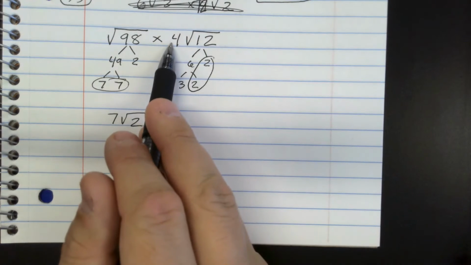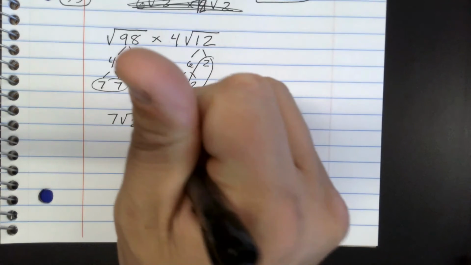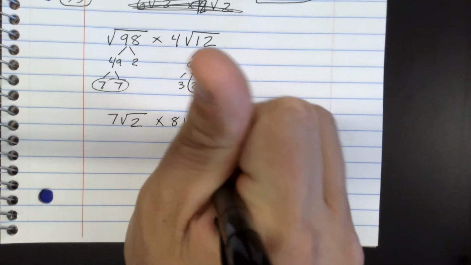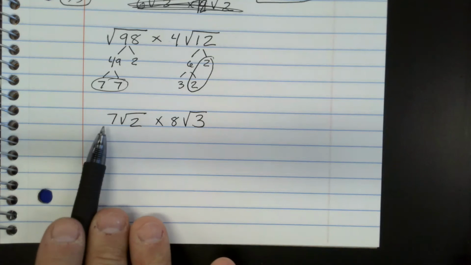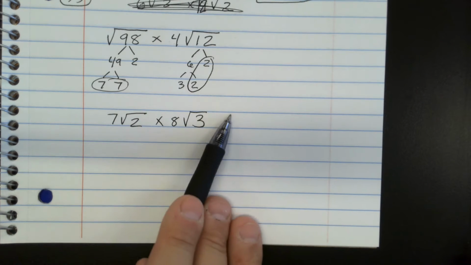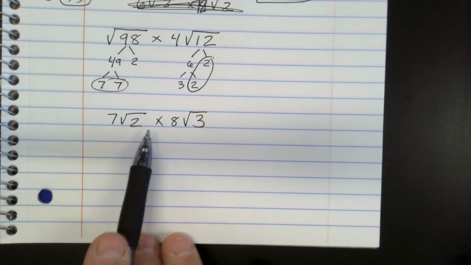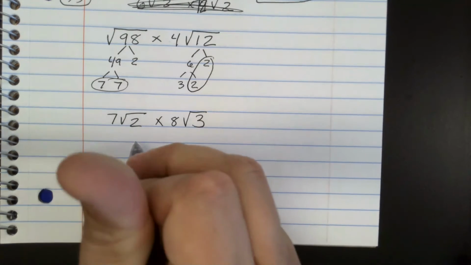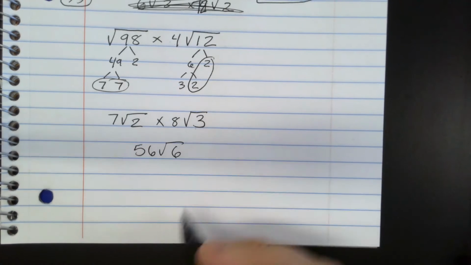When we bring out these 2s, we have to multiply it to this 4, so we get 8 square root of 3. Just look at the difference between these problems. This is significantly easier, because now we can go 7 times 8, which is 56, and 2 times 3, which is 6, and we're done.